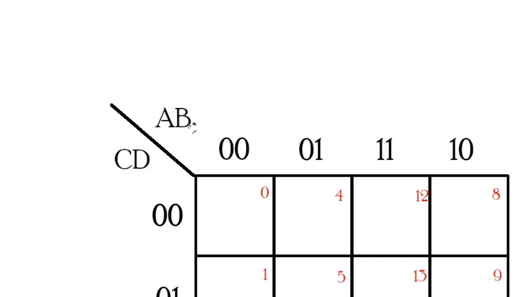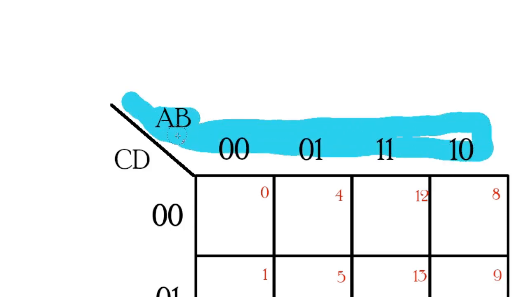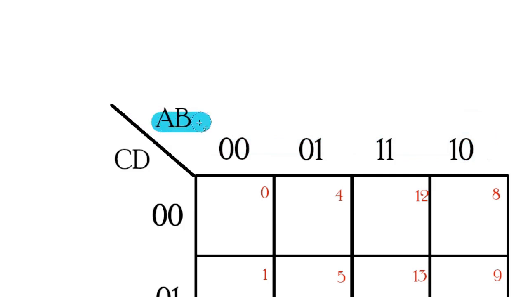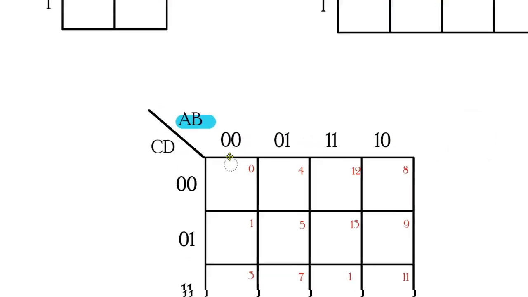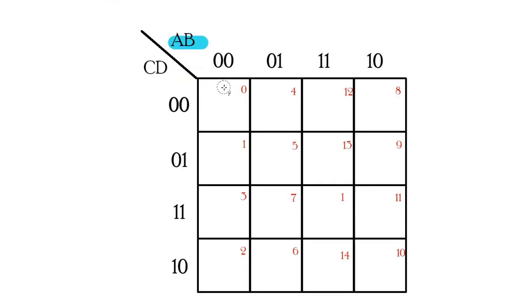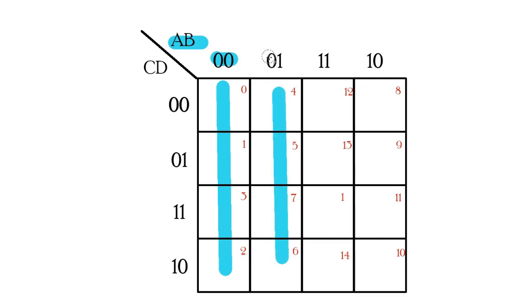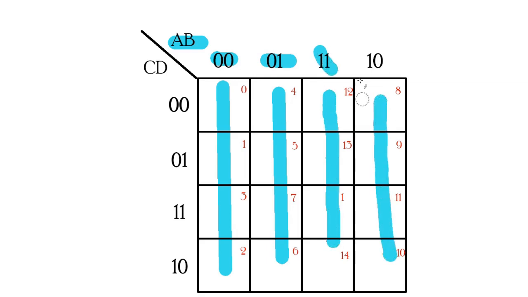What that means is, since these two letters are on this side of this K-map, these two letters are represented in this column by these two numbers. In this column, they are represented by these two numbers. In this column, by these two. In this column, they are represented by these two, right?